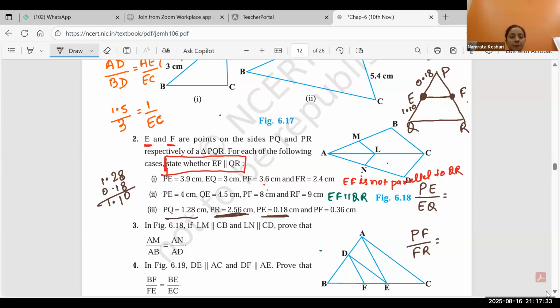That means PF is given as 0.36 और पूरा लेंथ PR का हमें गिवन है 2.56. Now we will find the ratio. Okay, PE by EQ, 0.18 by 1.10. Now you check whether it is same or not same.